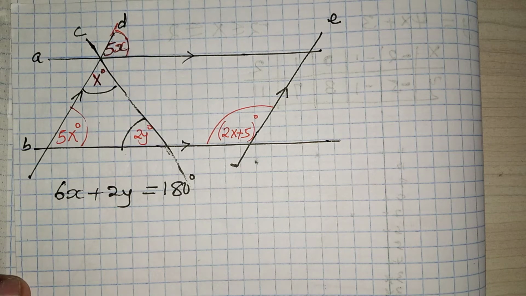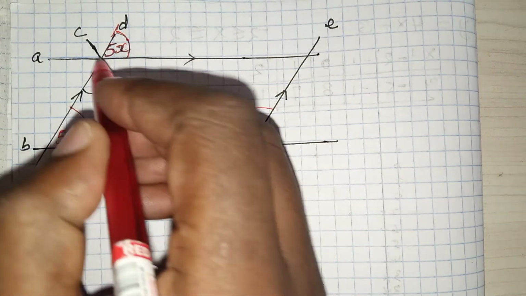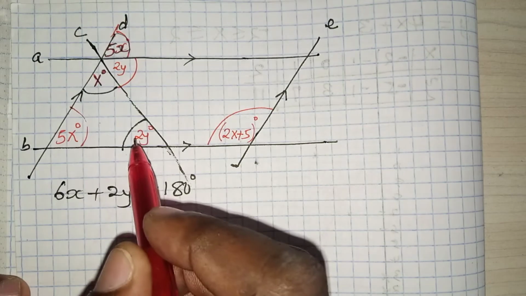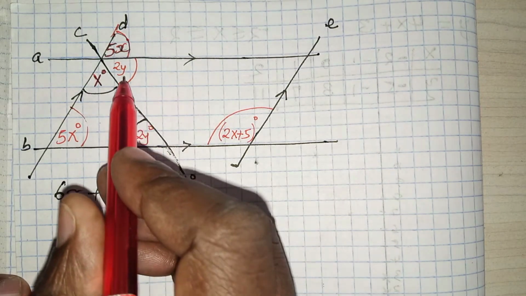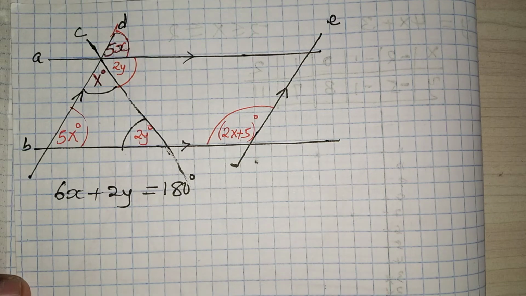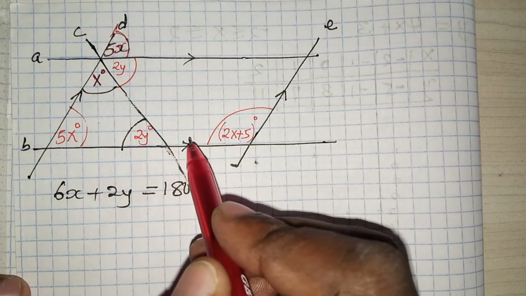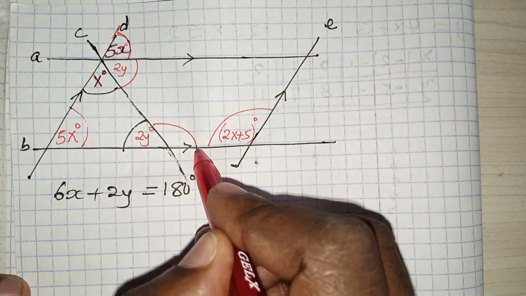Then what are we simply saying? If this angle is 2y, then this angle is 2y because they are in alternate positions. This angle alternates that angle. And therefore, if that is true, then we need to find out what this angle is.